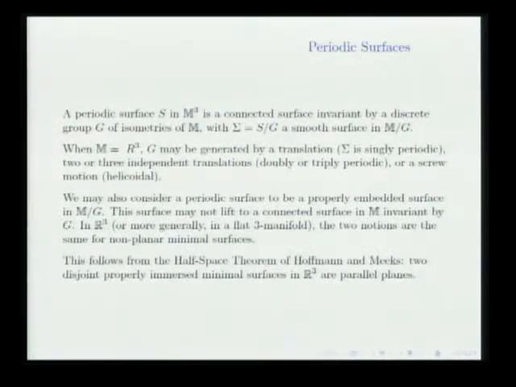These two notions are not necessarily the same, because you can imagine a surface in M over G that when you lift it to M, it's not connected and invariant by the group. You can imagine a surface, for example, a small sphere in M over G, and you lift it up into the total space and you get many disjoint spheres. And the group does not leave invariant one connected component. So in that sense, there's two notions of periodic surfaces.